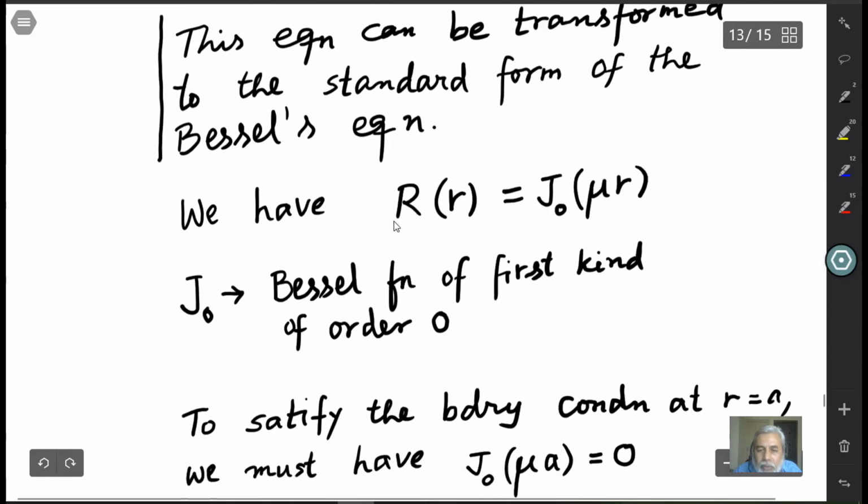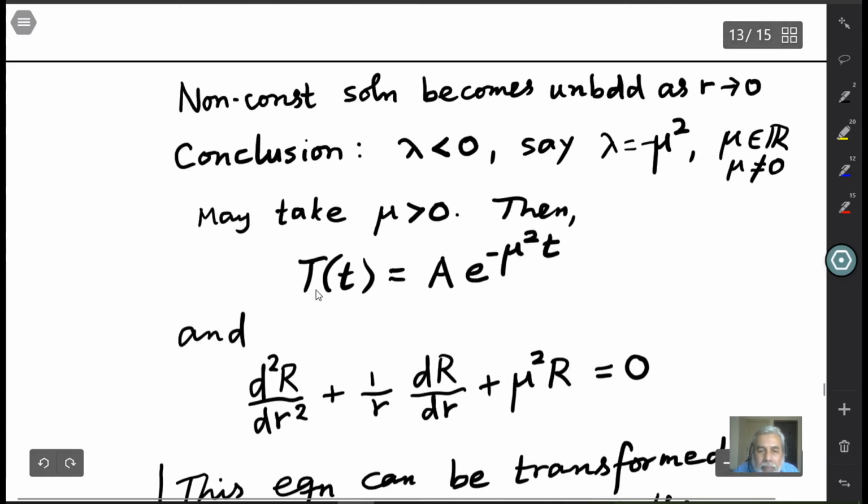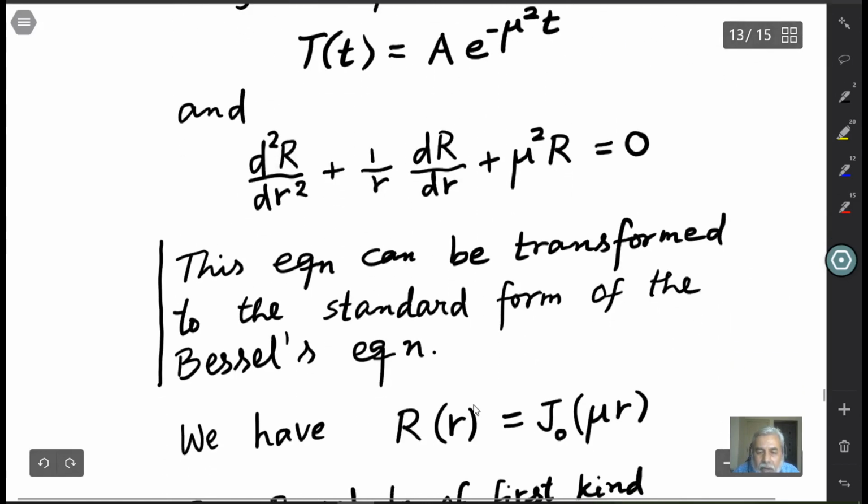Okay, so we can just write R(r) equal to J0(mu r), where J0 is the Bessel function of the first kind of order 0. Okay, so then the solution is given by the multiplication of T(t) and R(r).